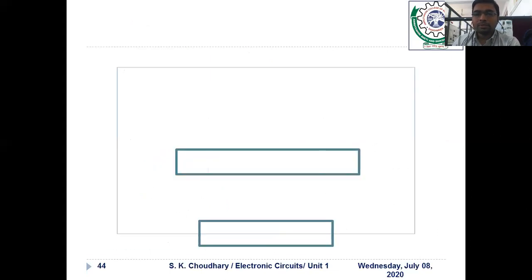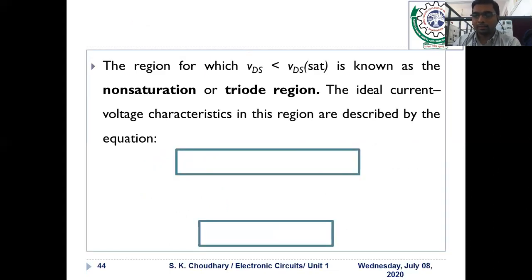Now we have to see the mathematical relationship of the current in the saturation region and in the non-saturation region. The region where your VDS is less than VDS sat is called the non-saturation region or triode region. Okay, both names are popular in the literature. So we have seen the ideal current voltage characteristics of the MOSFET.